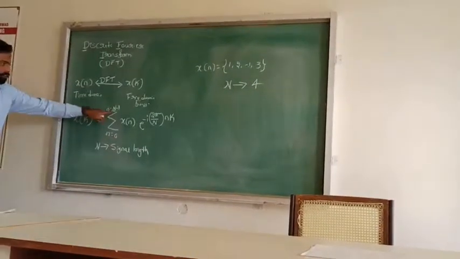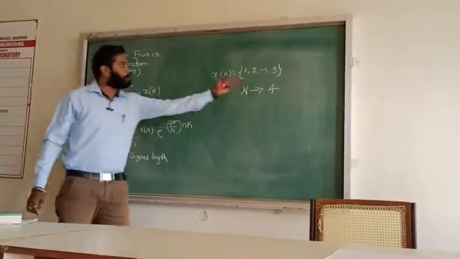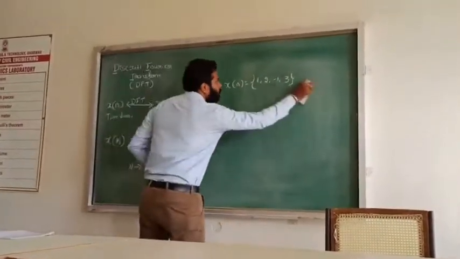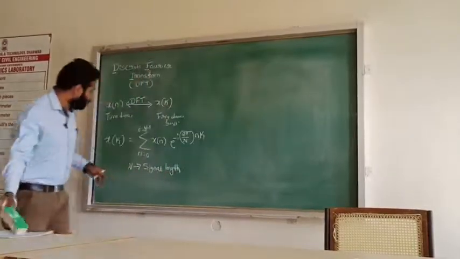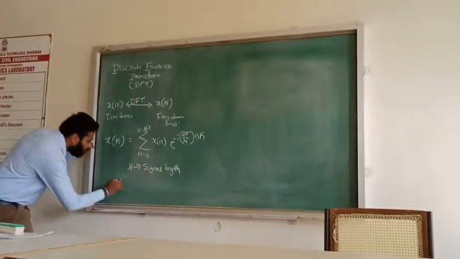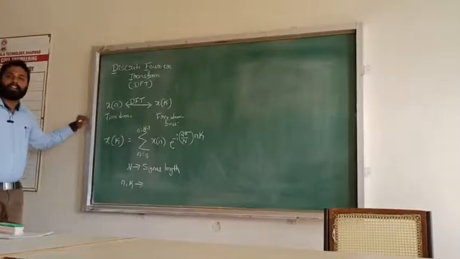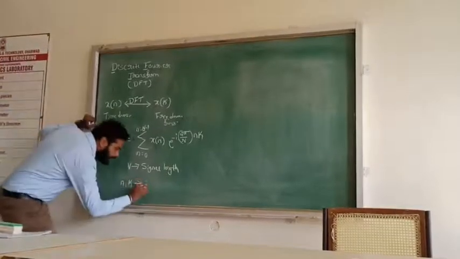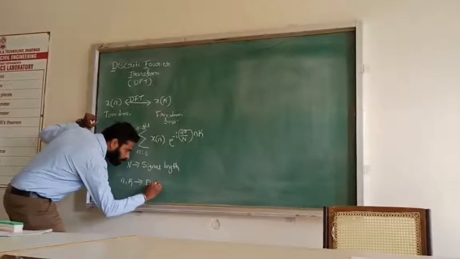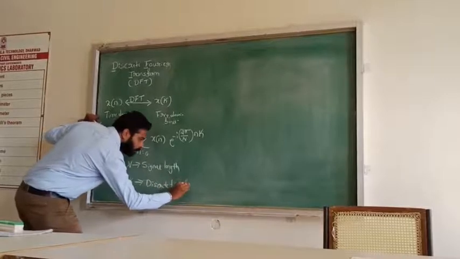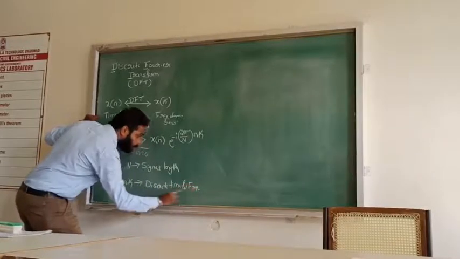So capital N indicates the total number of variables, or signal length. Small n and small k are the discrete time and frequency domains.